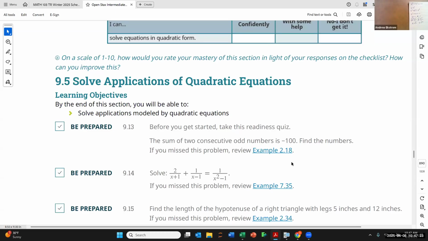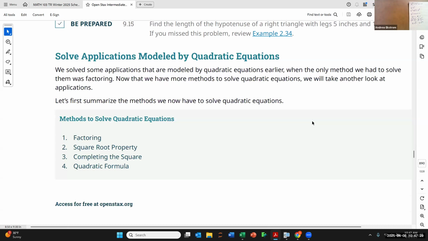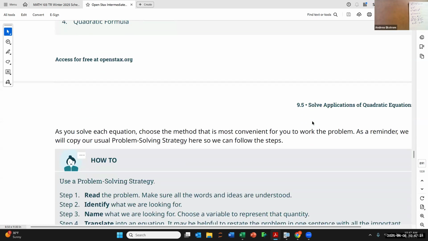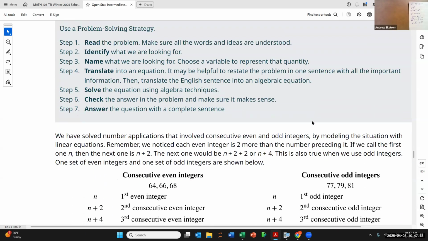So 9.5 is solve applications of quadratic equations. When you look at a bunch of the alleged applications that are in here, they're all the kind where you can tell that a mathematician looked at it and went, oh, here's a neat little trick.